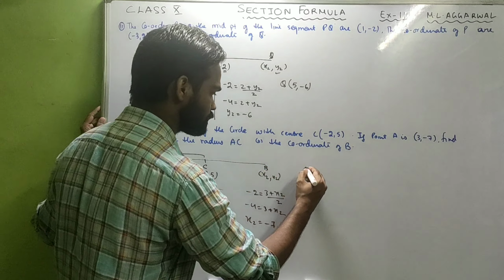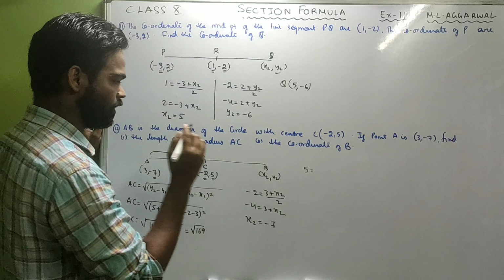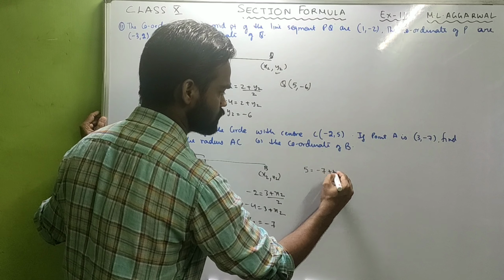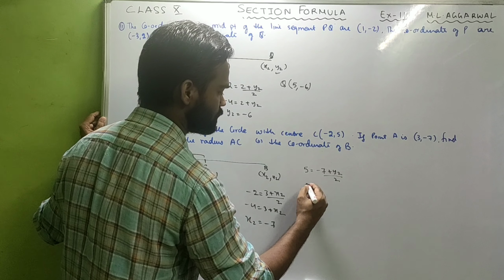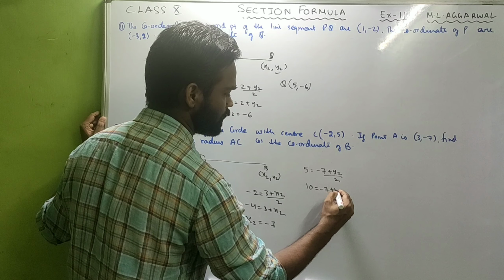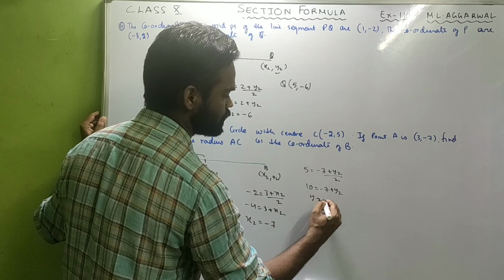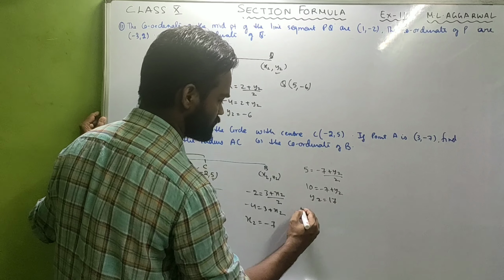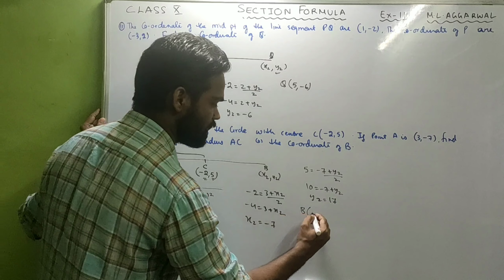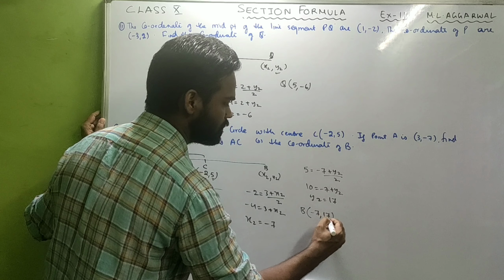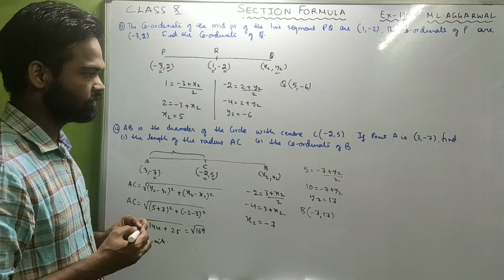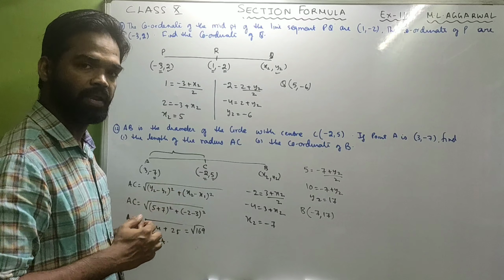Similarly, 5 is equal to y1 plus y2 by 2, which means 10 equals minus 7 plus y2, so y2 equals 17, which means the coordinates of B are minus 7 comma 17. Done. Now let us look at the next sum.